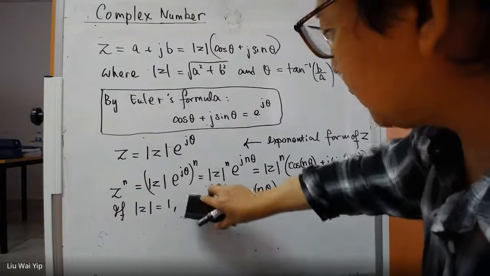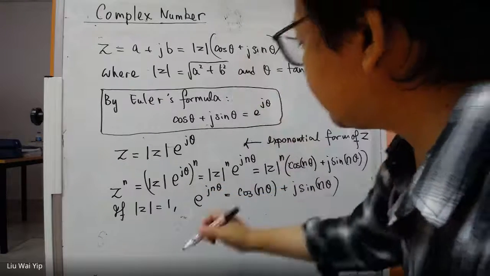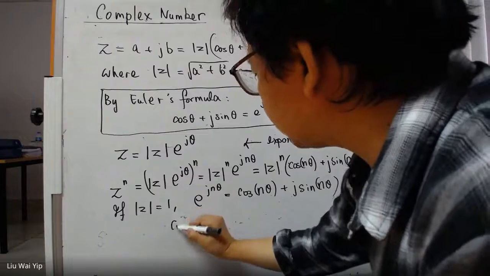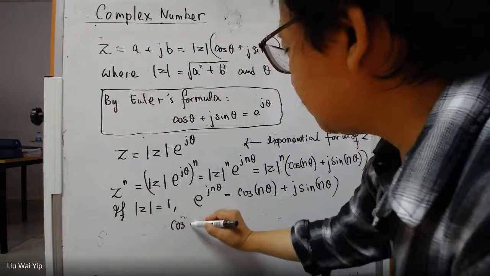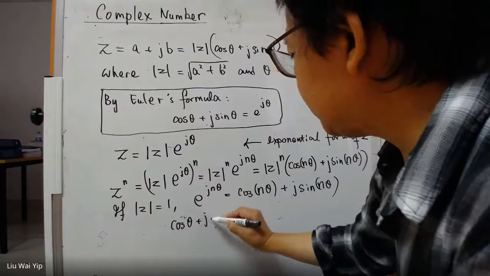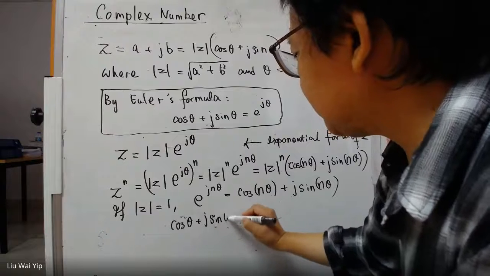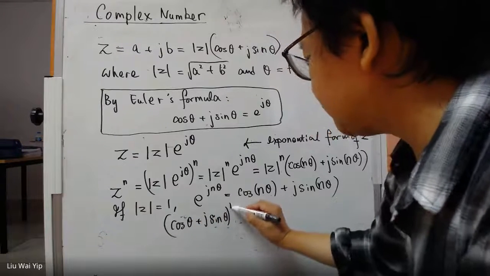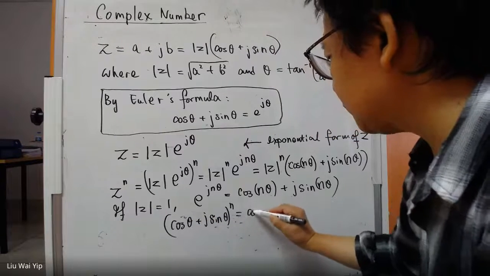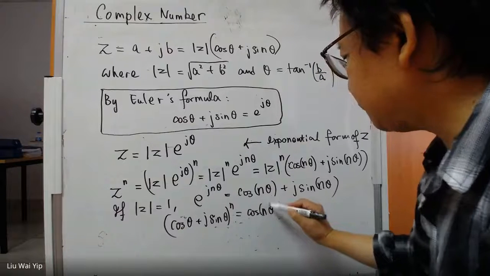So in other words, we can say cos theta plus j sine theta, to the power n, is equal to cos n theta plus j sine n theta.